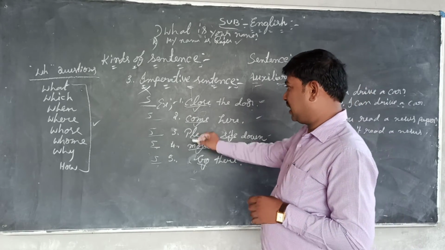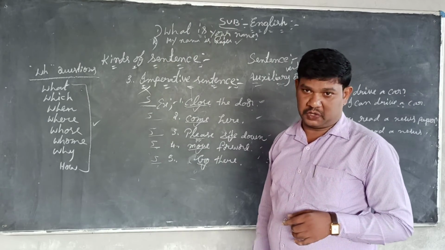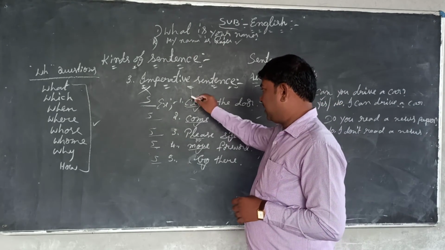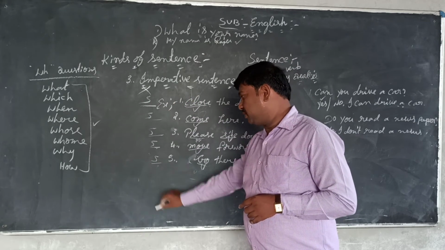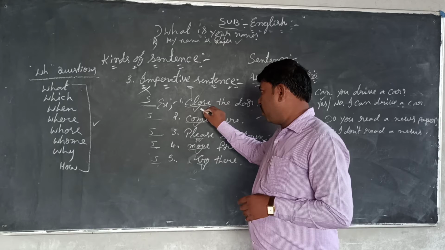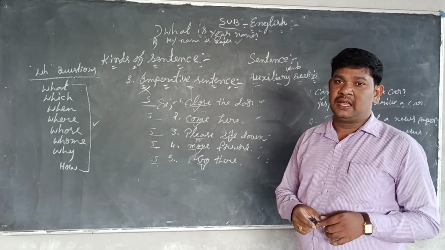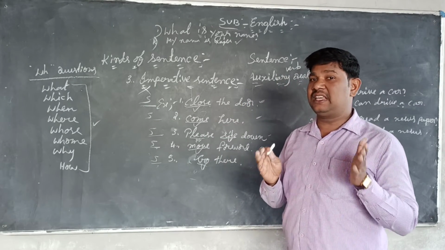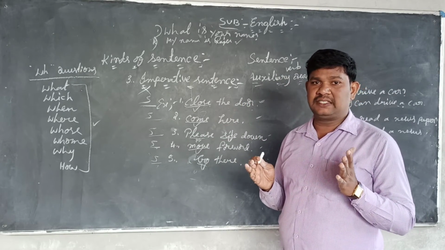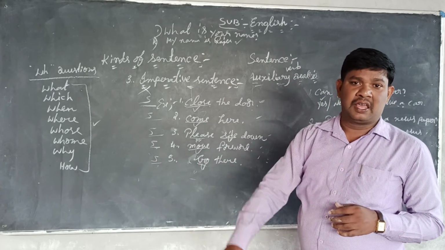When you add a subject to those sentences, it's called an assertive or declarative sentence. So here there is no subject. I wrote on the board without the subject, and I start with the verb only. The beginning of the sentence is a verb. That's why these are imperative sentences. You can easily identify and recognize those sentences.